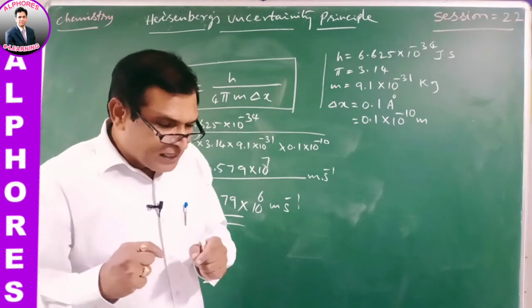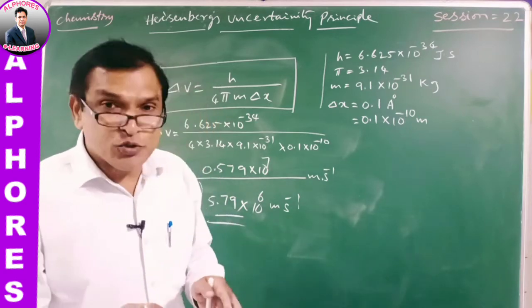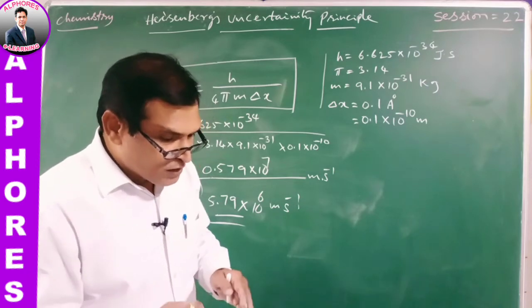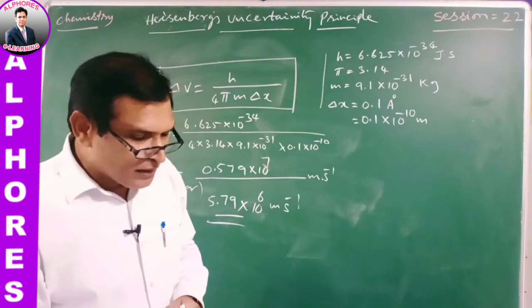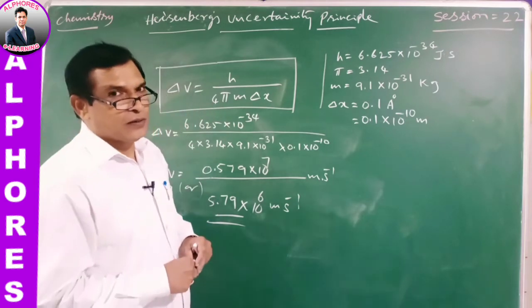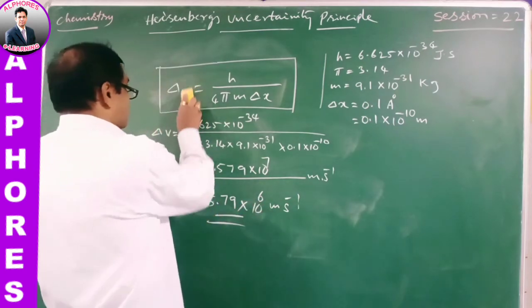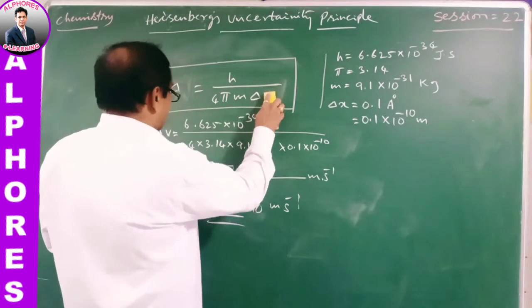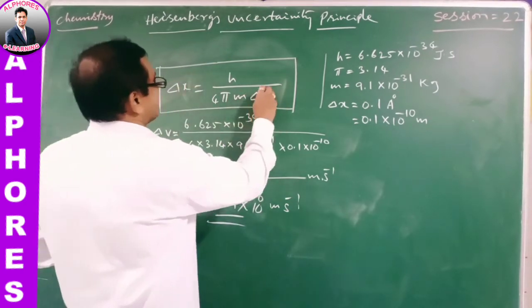If the speed can be measured within an accuracy of 2%, calculate the uncertainty in the position. That means now we have to calculate delta x. Delta x we have to calculate.